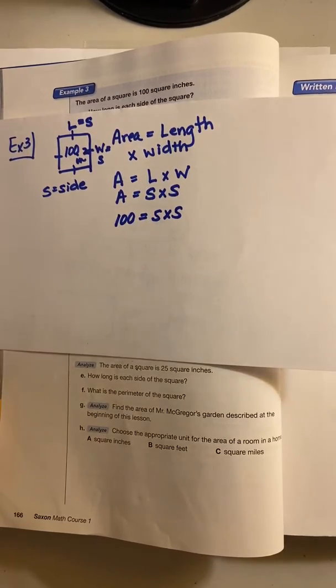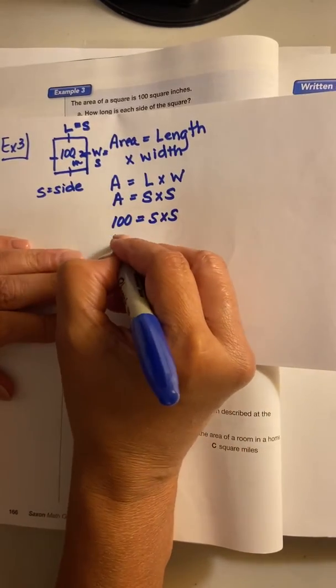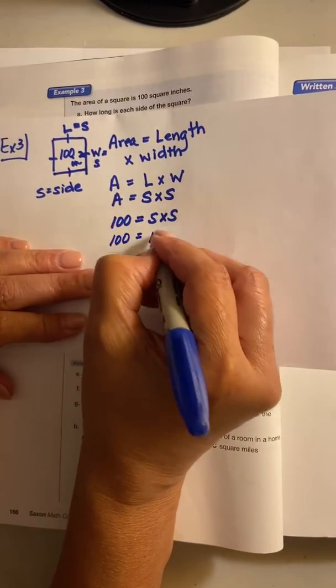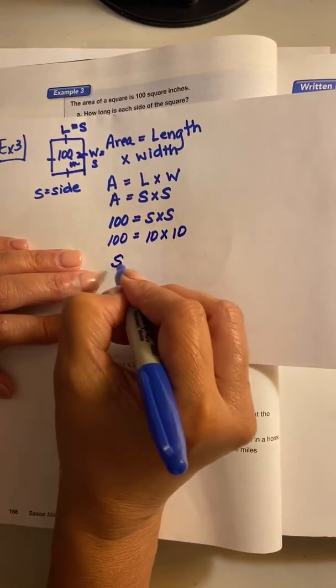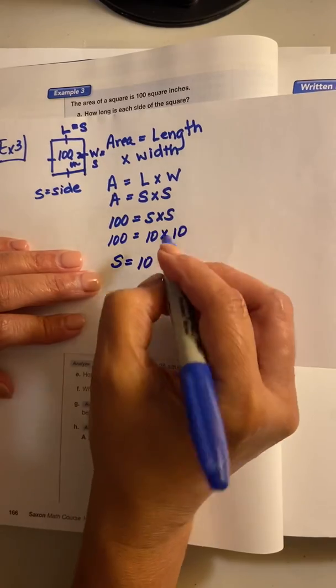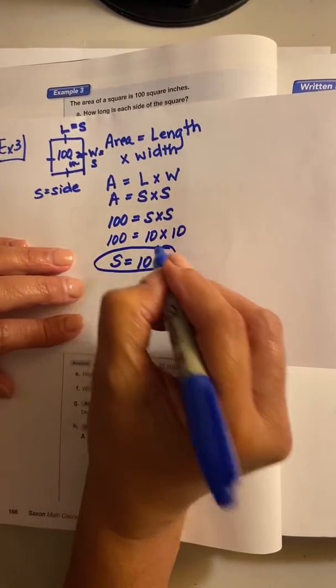You can use your multiplication tables. I'm fine with that. I wish you would have this memorized, and I'm going to bet some of you do. But if I think about it, I remember that 100 is equal to 10 times 10, which tells me each side is equal to 10, in this case, inches. So one side is equal to 10 inches.